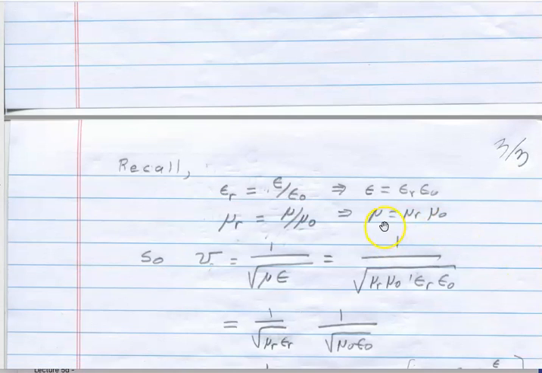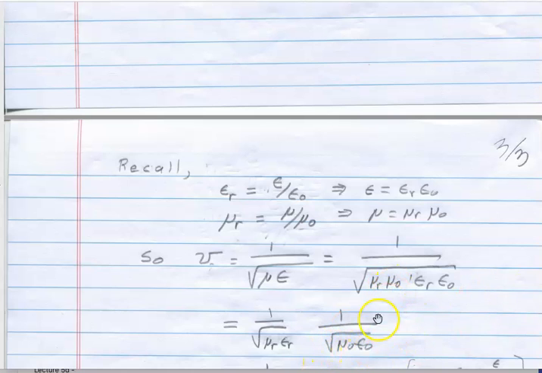Well, I can solve this for epsilon and mu, and then plug that, for material media, into our expression for the wave that we get from the wave equation. When I do that, I can separate out mu r and epsilon r, which are both dimensionless, and the square root of mu naught epsilon naught.